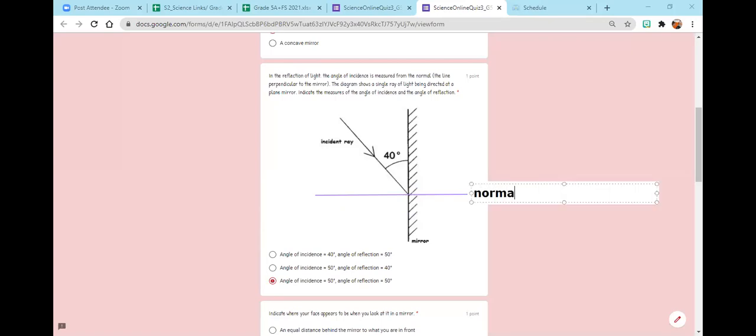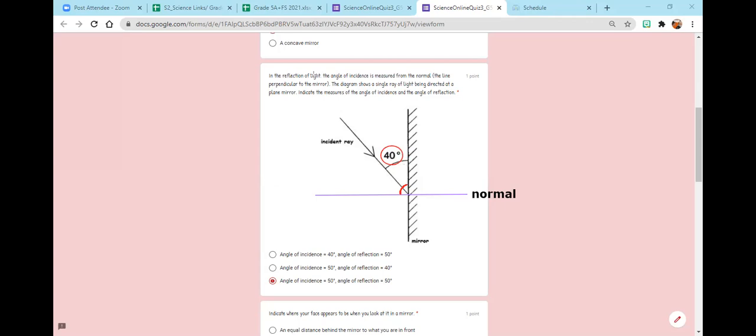The normal is perpendicular to the mirror. Then you know that the angle between the normal and the mirror, from here to here, is 90 degrees, since the normal is perpendicular to the mirror. 90 degrees. This one took 40.